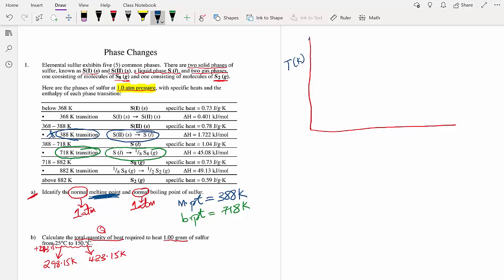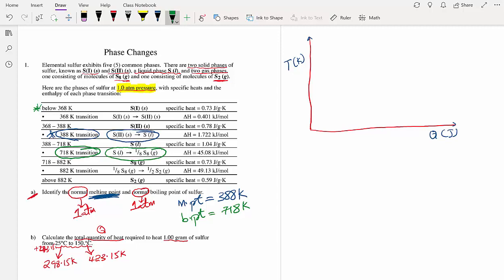The horizontal axis, let us label it as Q in joules. If you look at the table, below 368 Kelvin, sulfur only exists in the S1 form.